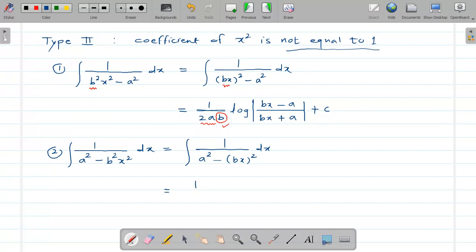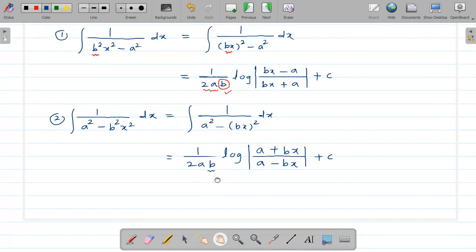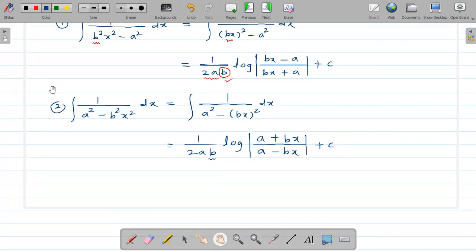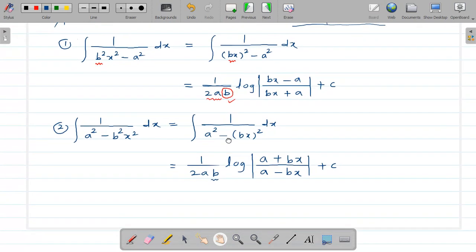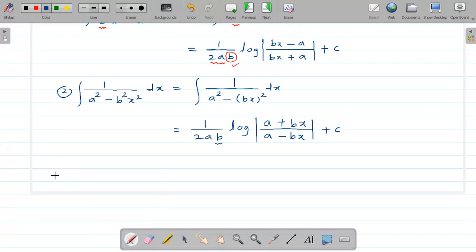So here we get 1 upon 2a into log of modulus of (a plus bx) upon (a minus bx), and you have to divide by the derivative of bx, that is b. So I will write b here. Okay, so this is another result. If you compare this second result with the second result in the standard rules, then you will get the idea about whenever the coefficient of x square is not equal to 1.